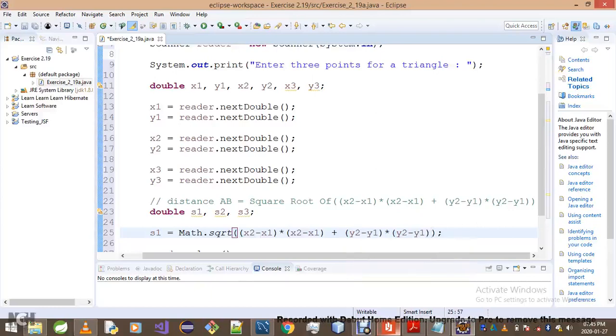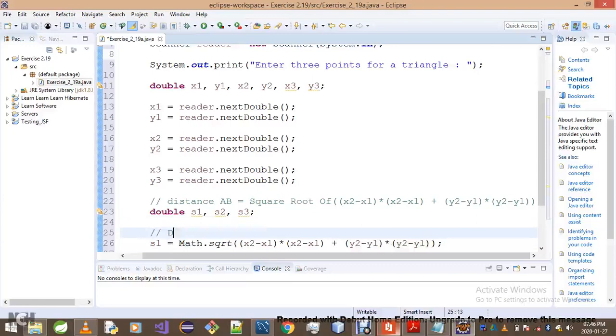Okay, we've got our side S1. Likewise for our second side. So basically, let me comment this part out: the distance between A and B.